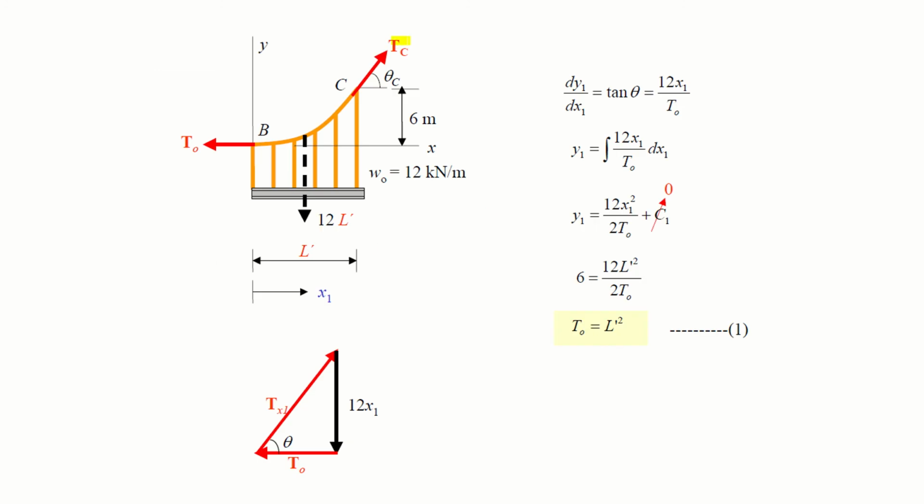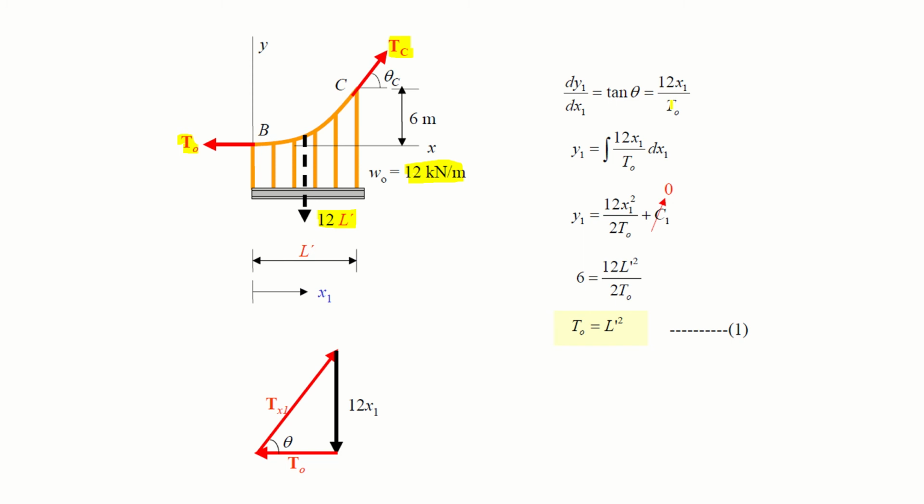Here Tc is the tension at point C and T naught is the tension at point B, which is the lowest point in the cable, 6 meter behind point C. Now the length of this segment is L dash, right? So your UDL is 12, and to find its intensity, 12 times the total length L dash, so 12 L dash is the total load acting on this cable, right?